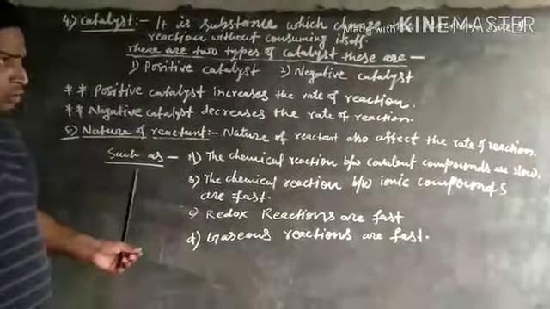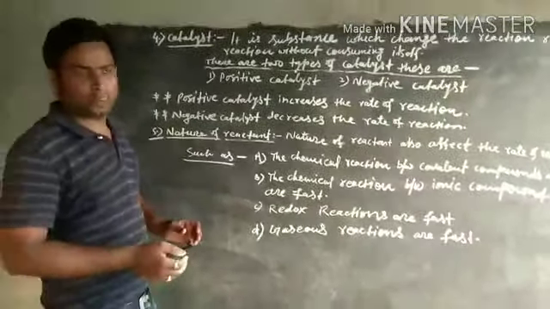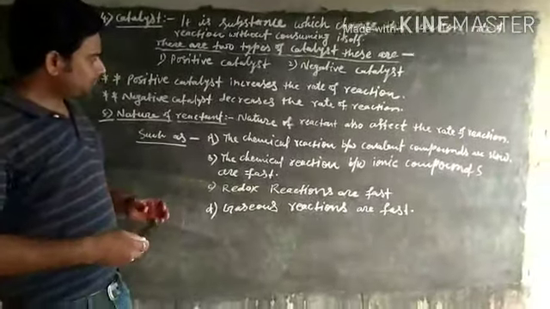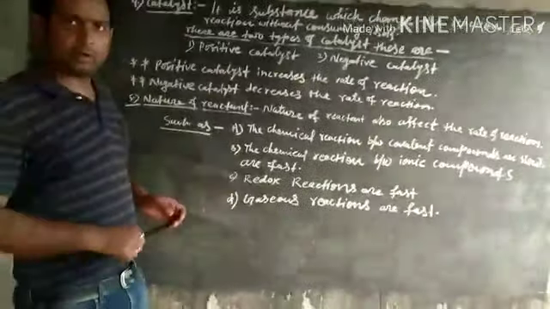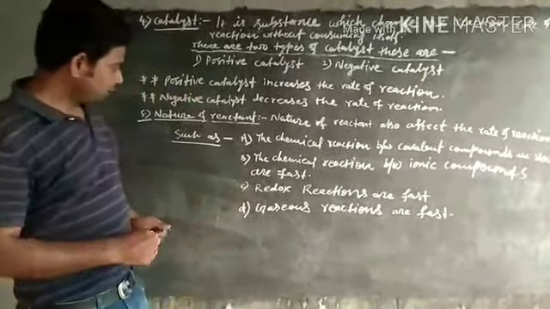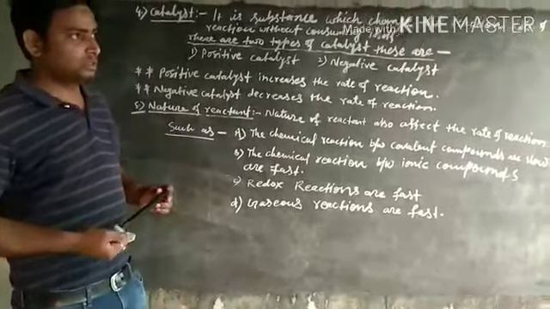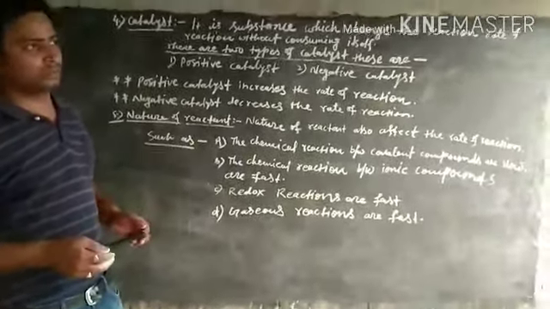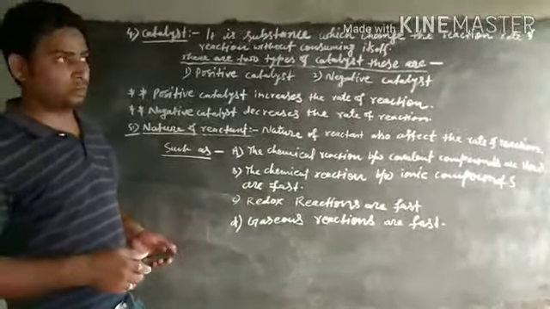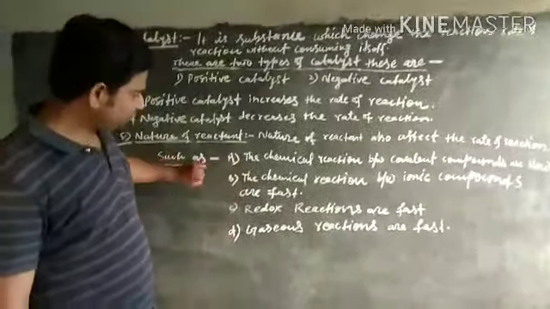If two reactants are covalent compounds, when the reaction occurs between two covalent compounds, then such reactions are slow. The chemical reaction between ionic compounds is fast. When two reactants are ionic compounds, the reaction between them is fast.